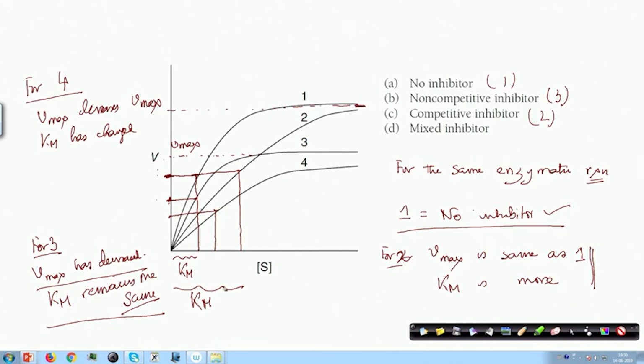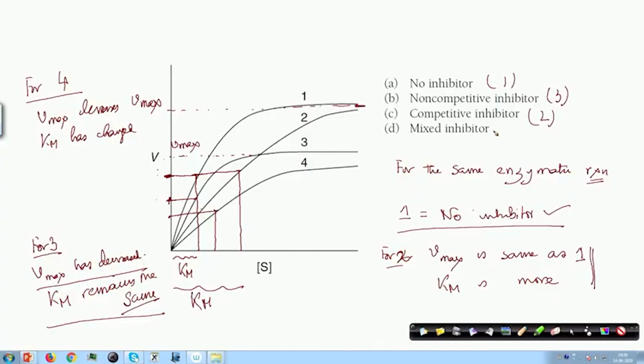So, Km is increased. So, Km has changed, in this case it has increased, and Vmax also. So, both are changed, and that is the case of mixed inhibition, where both Km and Vmax have changed. So mixed inhibition is number 4.